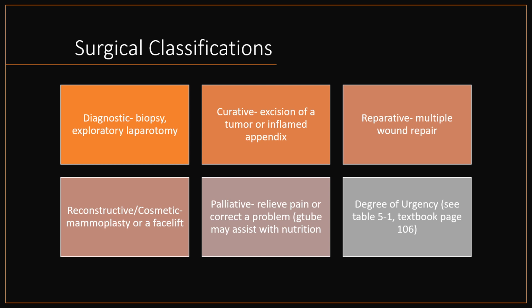And then you've got reconstructive/cosmetic, and that's like a facelift. Palliative, that's where we're trying to relieve pain or correct a problem, just something to make the patient more comfortable. But do refer to Table 5.1 in your textbook on page 106 for more on this.